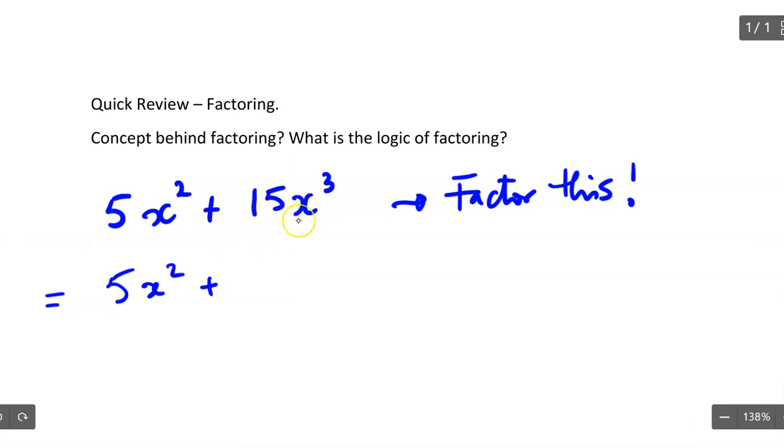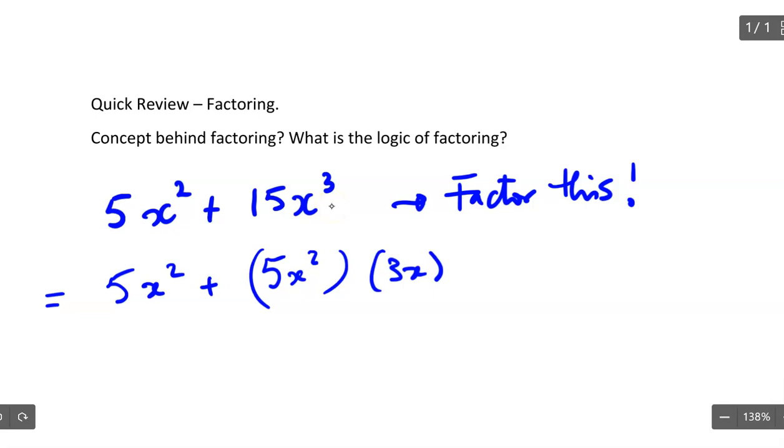What do I mean by common factor? 5x squared is actually a factor of 15x cubed. Factors mean multiplication, so I write 5x squared times 3x. 5x squared times 3x gives you 15x cubed.